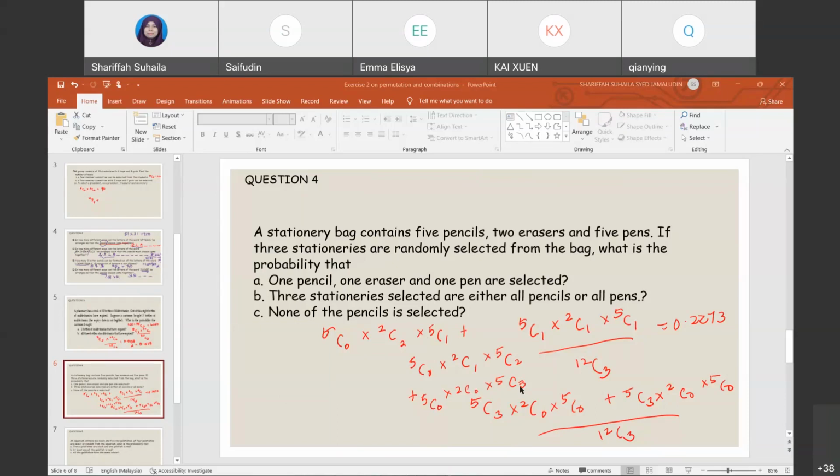Syarat tu none of the pencil is selected. Okay, setiap kita pilih tu, none of the pencil is selected. Itu je. Okay, tapi all together, you can choose 3 lah. Okay, sebab kita punya eraser tu hanya 2 je, dia tak boleh pilih 3 kan. So, 2 can choose 2. And the other one should be pen lah. Ataupun all 3 is coming from the pen. Yeah, for that one.